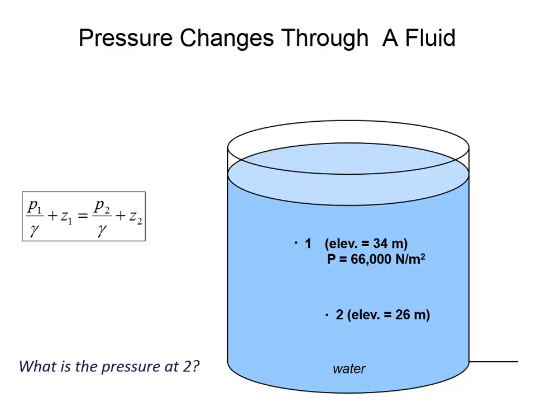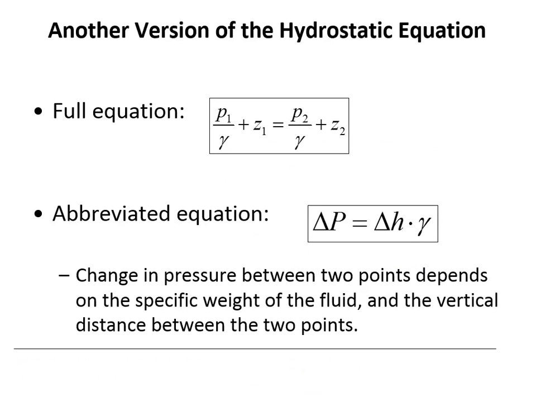All right. Any questions about this example or the hydrostatic equation? If we just want to know the pressure change between 2 points, we can abbreviate the hydrostatic equation. The full version of the equation is to say, what's the pressure at 1? What's the elevation at 1? What's the pressure at 2?